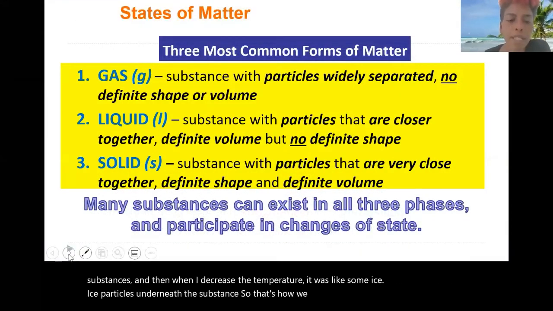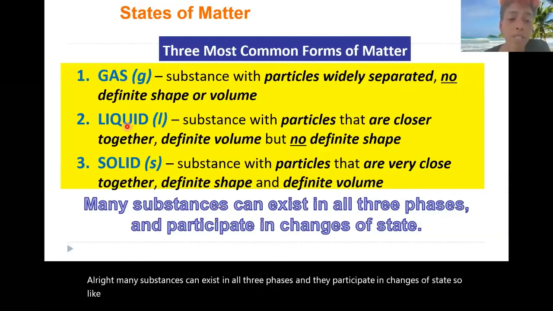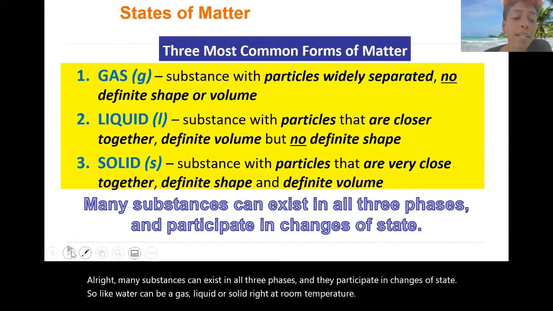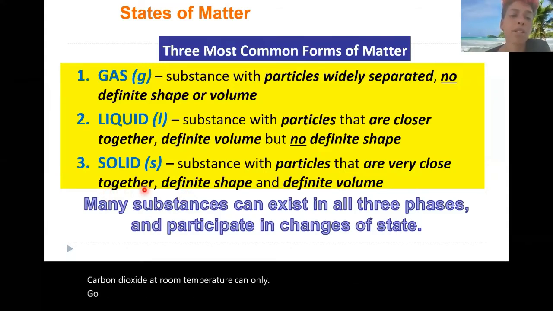All right. Many substances can exist in all three phases, and they participate in changes of state. So like water can be a gas, a liquid, or solid, right? At room temperature, carbon dioxide can only go from a solid to a gas. So it depends on what temperature you're at.